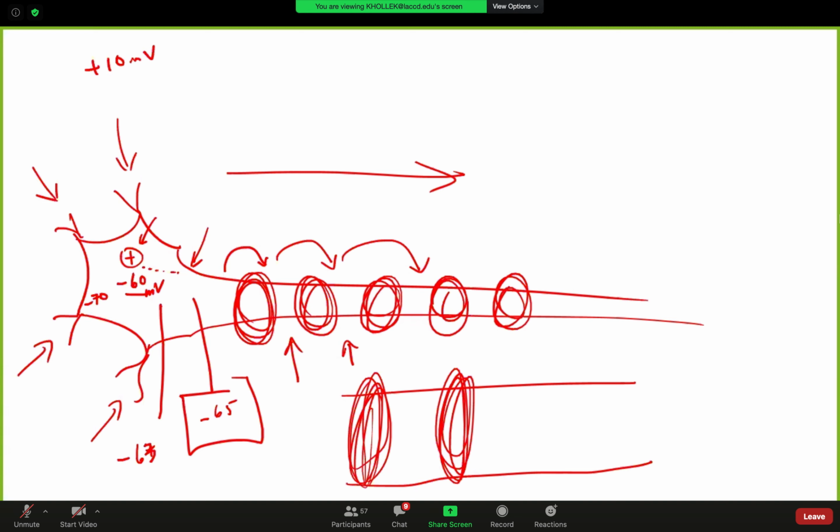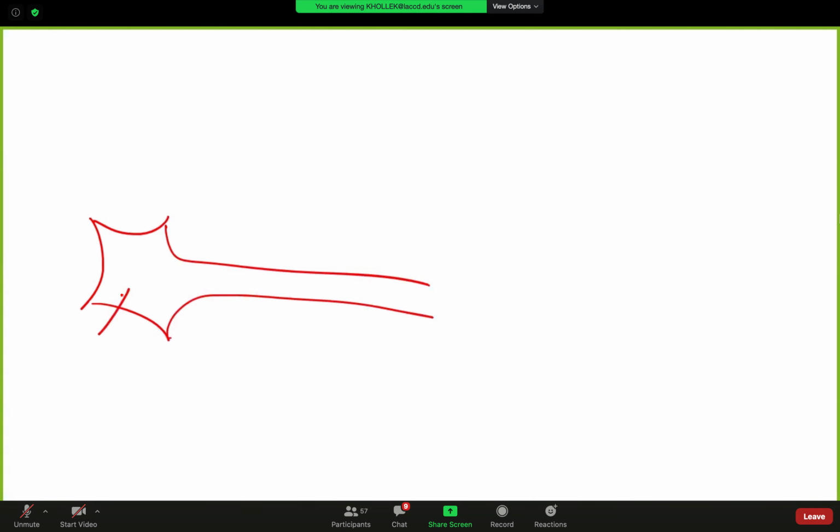I told you that the action potential is one way only, and it can go unidirectional. So in other words, if I zap the axon here, the action potential will go this way, all right? However, if you have a neuron and you zap it in the middle, what do you think is going to happen now?